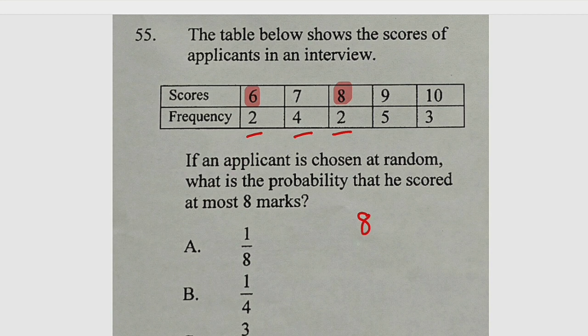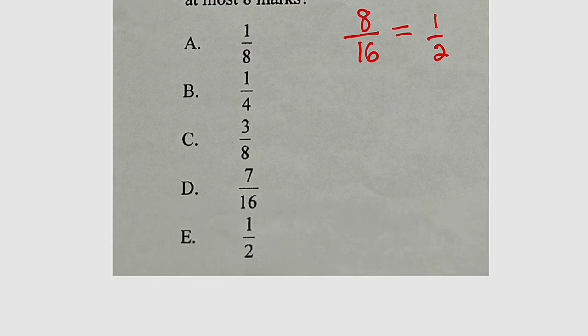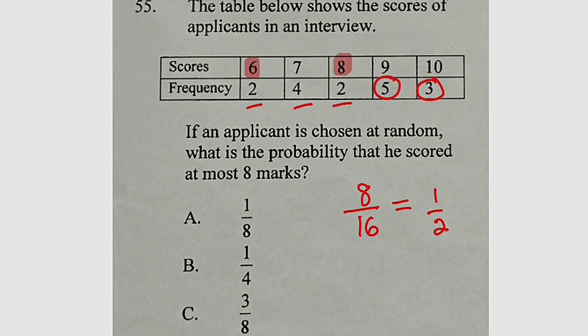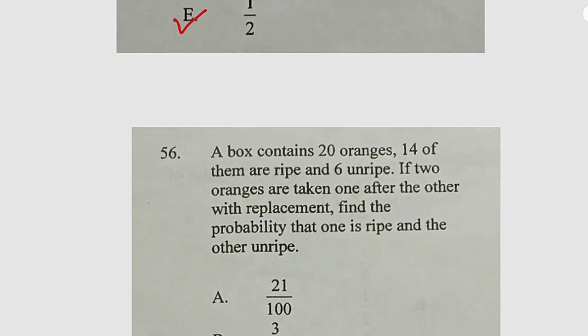So we have 8 of them. Divide by their total number. After 8 we add this, we're going to get 13, and 13 plus 3 is going to give us 16. So we divide by 16, and this to the lowest term is 1 divided by 2, and hence the probability is 1 divided by 2, which is option E. As simple as that. Now let us move on to question number 56.